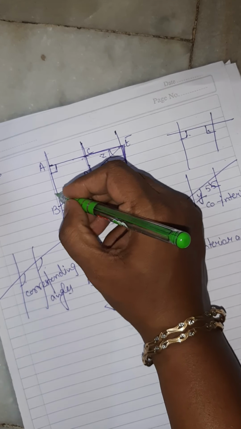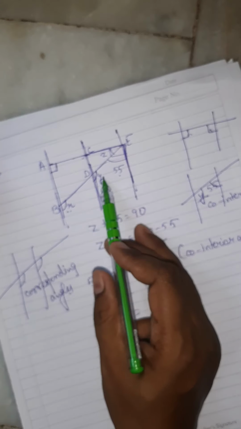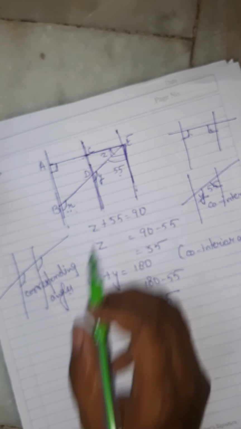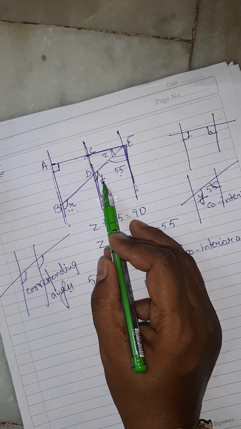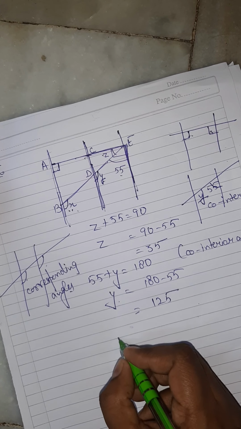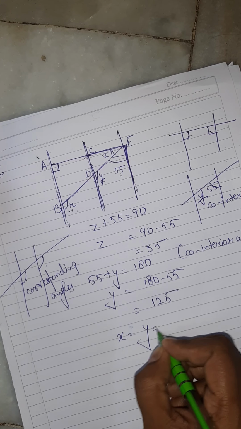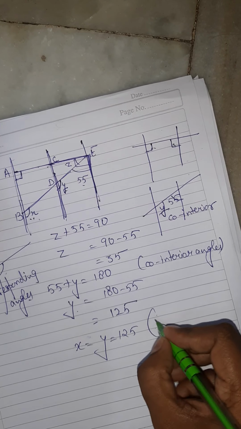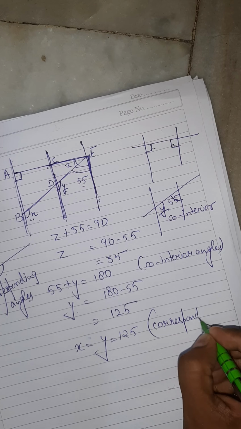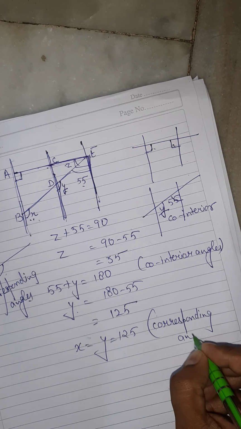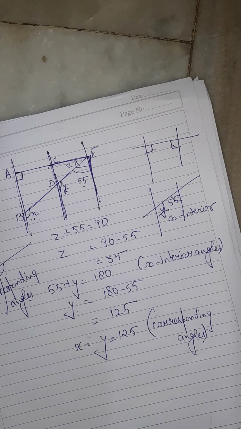These are two parallel lines. So which type of angles will X and Y be forming? X and Y are forming corresponding angles. So when Y is 125, X is also equal to Y, that is 125. And the reason for this is corresponding angles. Correct?